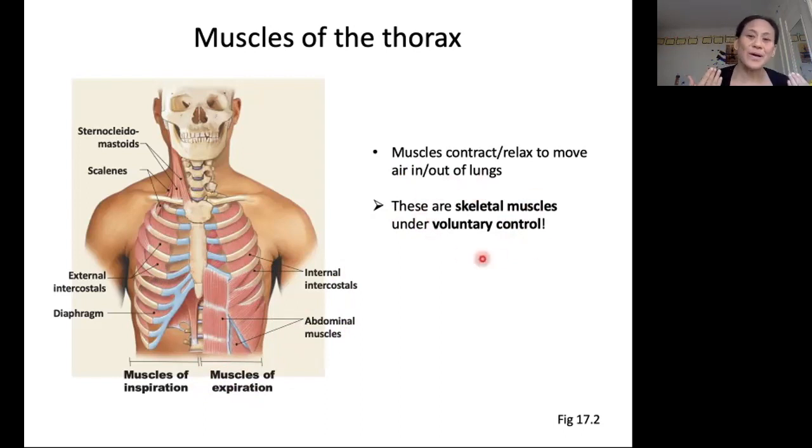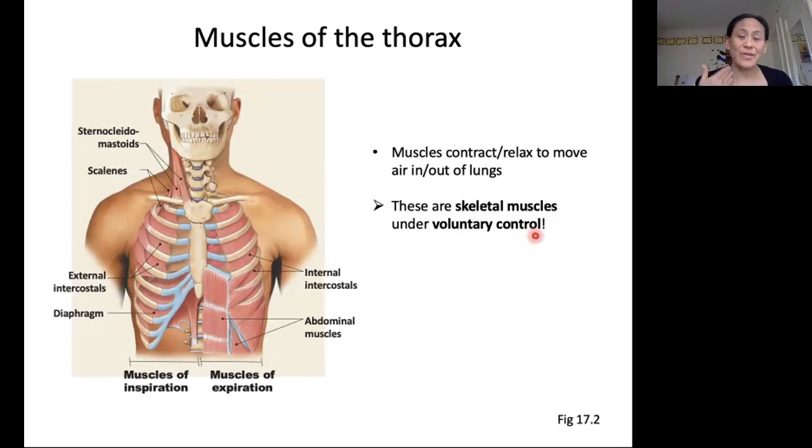So we're going to do a little exercise right now. Take a breath in and hold your breath. Okay, you can go ahead and release it. All right, so the reason you were able to do that is because the inspiratory and expiratory muscles, our respiratory muscles, are skeletal muscles that are under voluntary control.